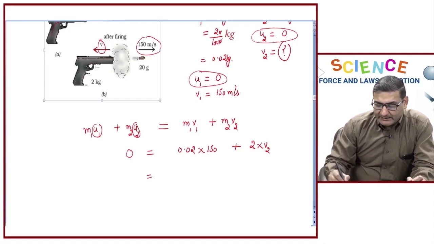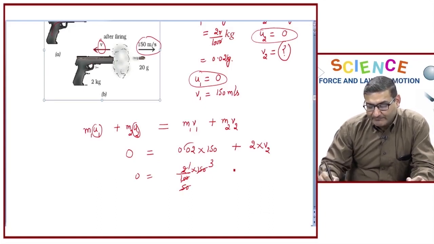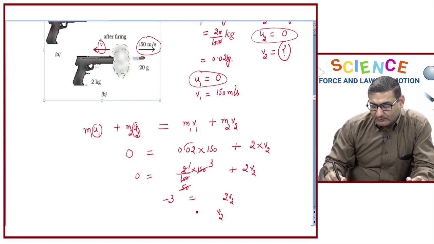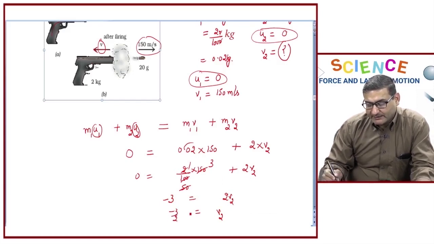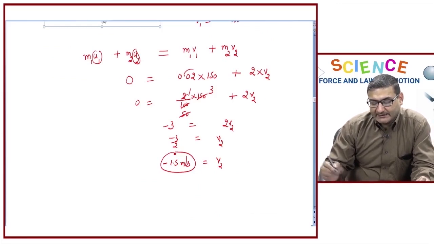So this comes out to be, I'll replace the decimal with 2 upon 100, once again multiplied by 150, the 1 and 50 strike off, 1 and 2 striking it with 3, plus 2 into v2. So 2 v2 remains here, I'll take 3 there, it will become minus 3. So v2 becomes minus 3 by 2, which comes out to be minus 1.5 meter per second.